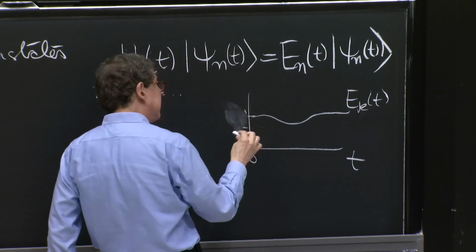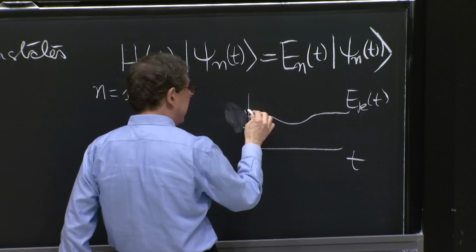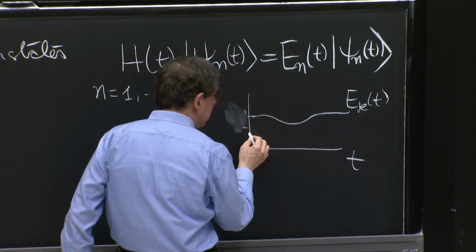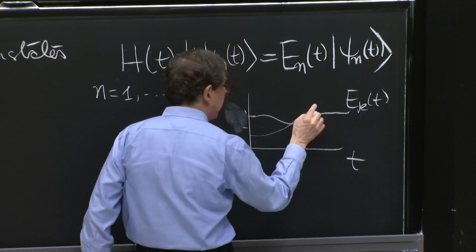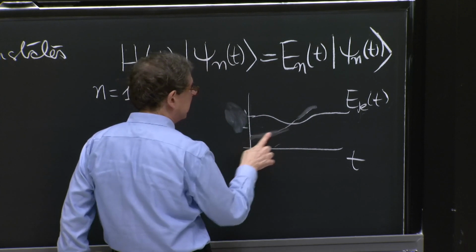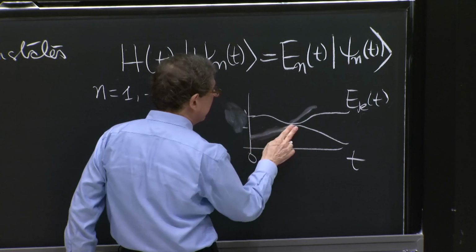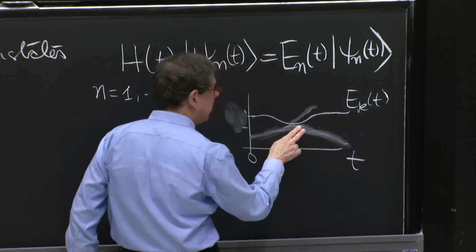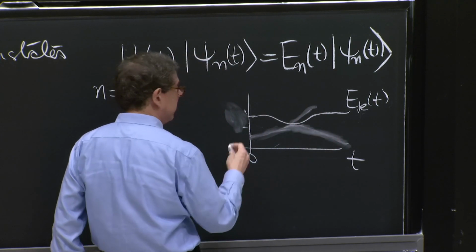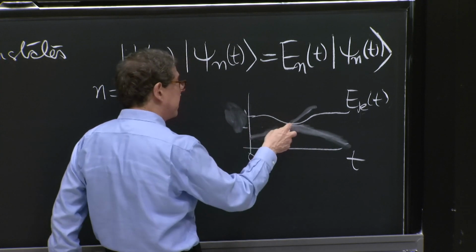You should have that this doesn't get mixed or doesn't coincide with some other energy, like a crossing, or that they touch with another one. You should keep them separate. You know that degenerate perturbation theory makes life complicated.